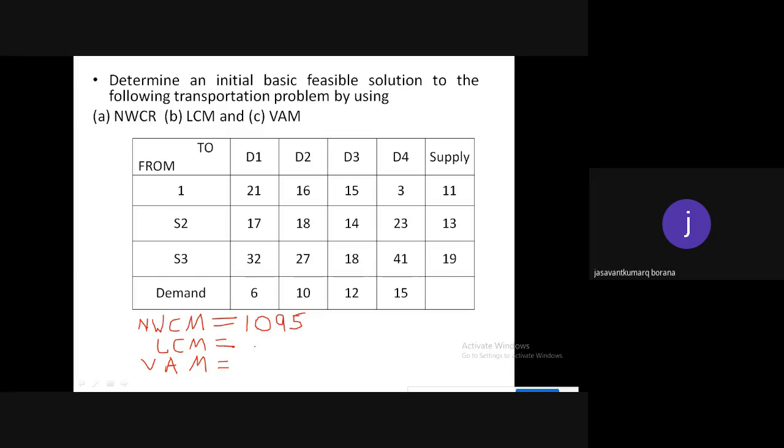Sir, for LCM, the answer is 812. Okay, 812. Others, please check whether it is 812 or you are getting different answers.